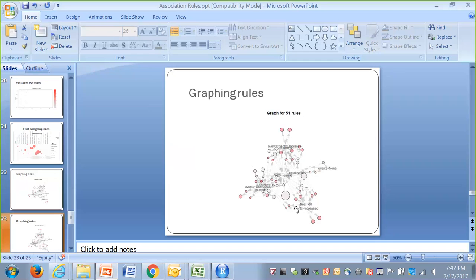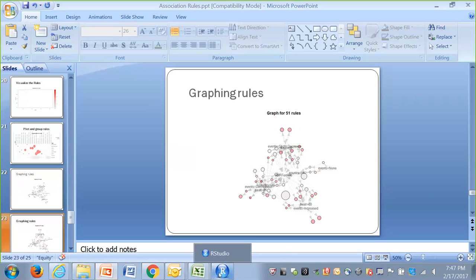I think that gives you an overview of what rules look like, how rules can be graphed, and what to look for in your data. I think that's quite important. When you're looking at graphing association rules, what you're subsetting is quite important, because you always want to do comparisons.